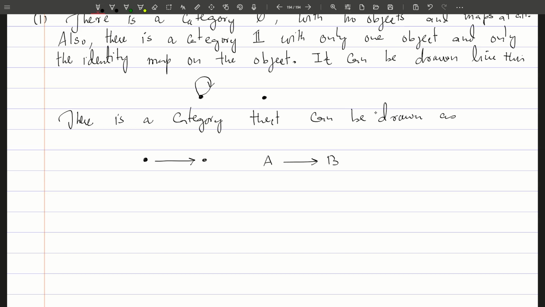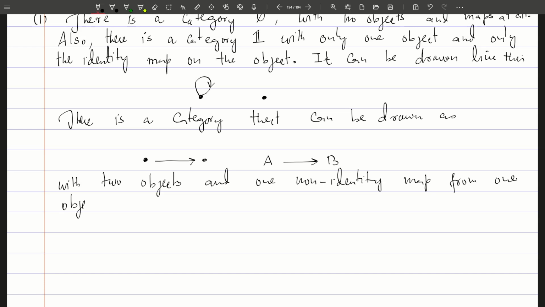So this category has two objects and one non-identity map, from one object to the other.